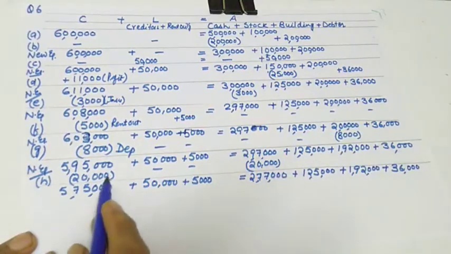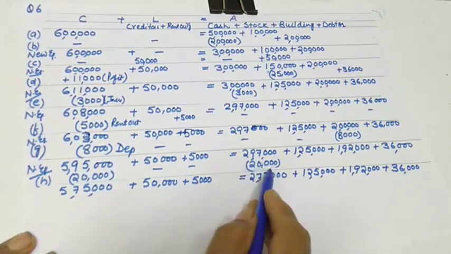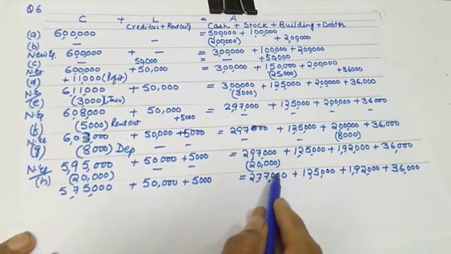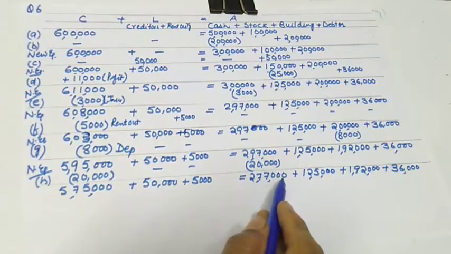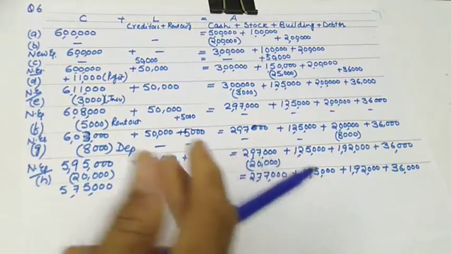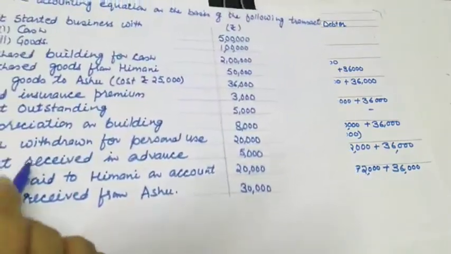So drawing means it will be deducted from the capital as well as deducted from the cash, because he is withdrawing cash for personal use. Now see the next one, rent received in advance.